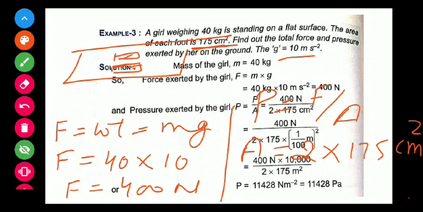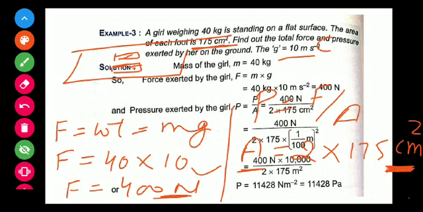Now, here unit of force is in SI system, and unit of area is not in SI system, because unit of area in SI system is meter square. Therefore, first of all, convert centimeter square into meter square, because force in Newton, that is the SI system of units, and area should be in the same system.